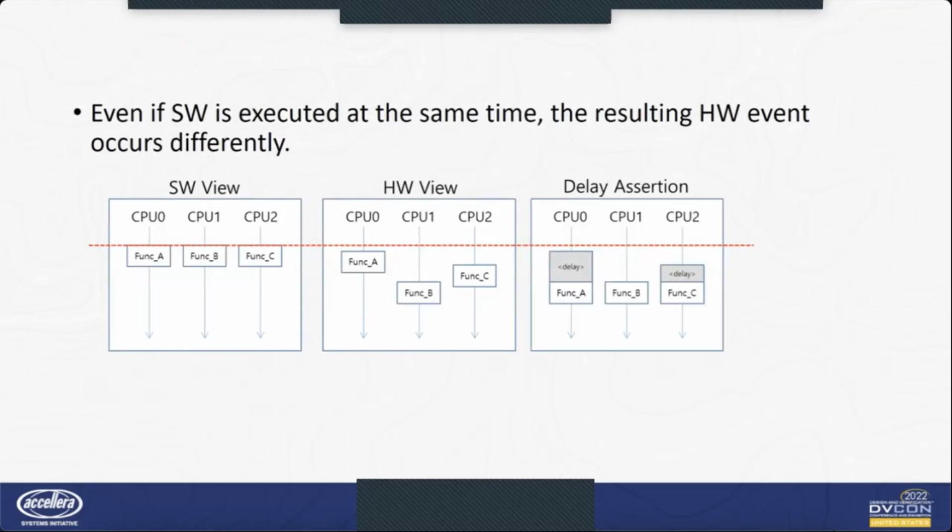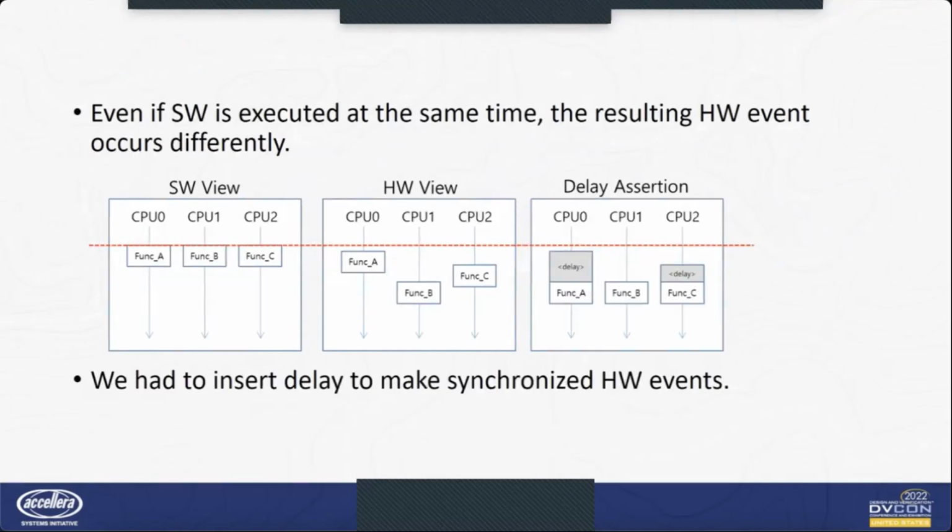As shown in the figure below, we added delay in front of functions A and C to simultaneously generate the hardware events of functions A, B, and C. But still the problem remained.